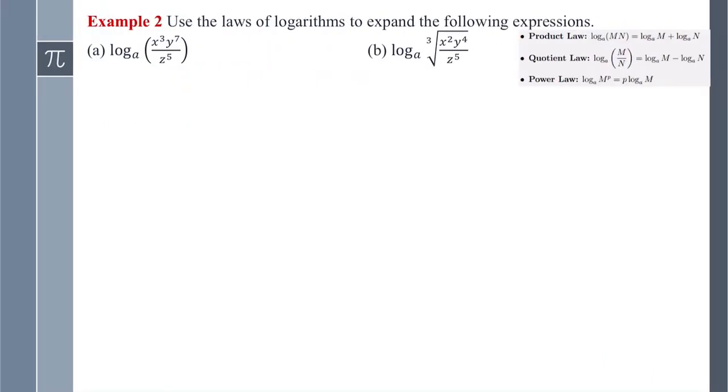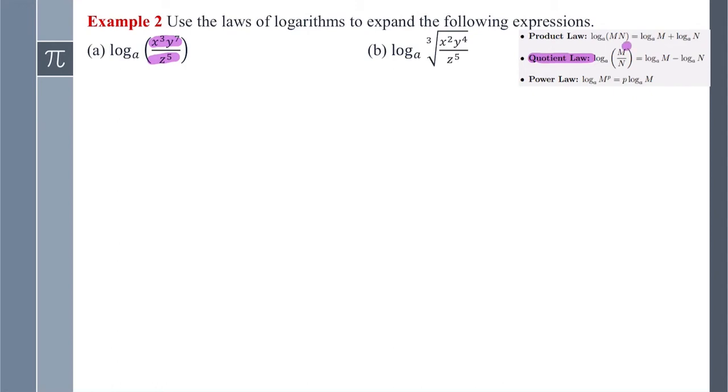Now, let's use the laws of logarithms to expand the given expression. We have a single log, and we are going to use these laws to expand it. In the first one, we have a numerator divided by a denominator, so it looks like the quotient law, and that's what we use first.